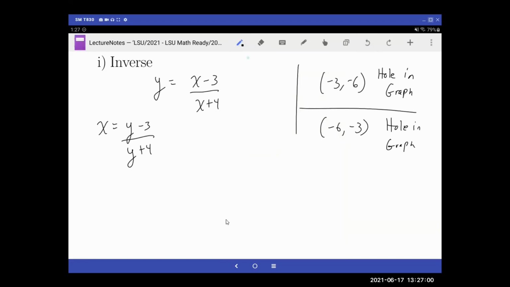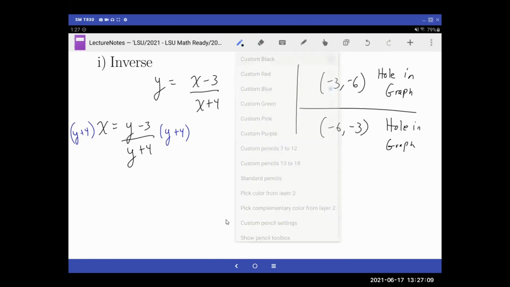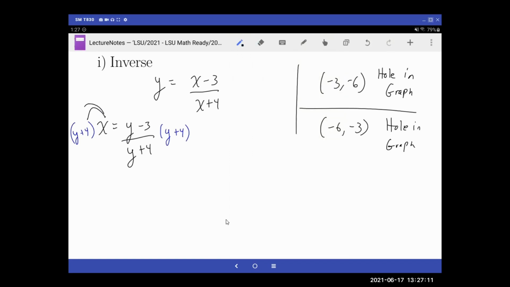Let's multiply both sides times y plus 4 to get the fraction away. Distribute the x. That cancels there to leave you with y minus 3.